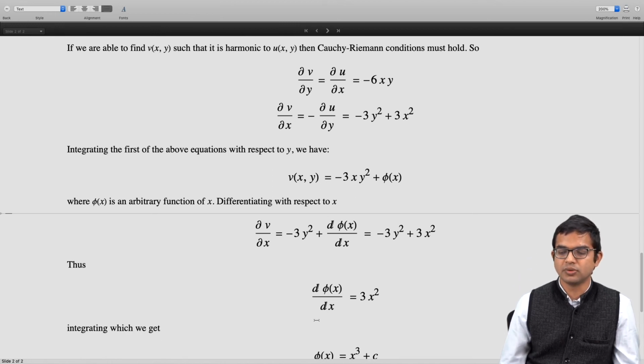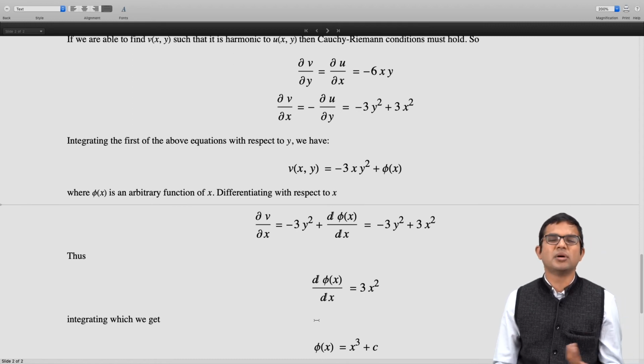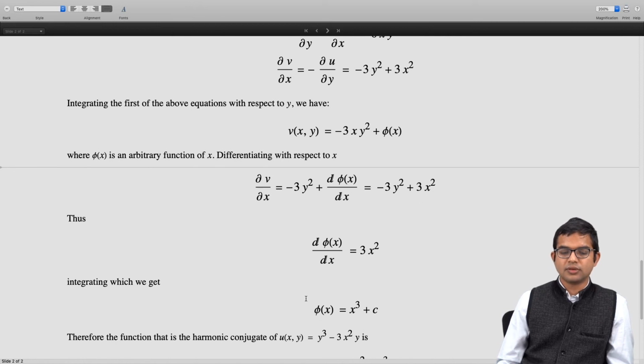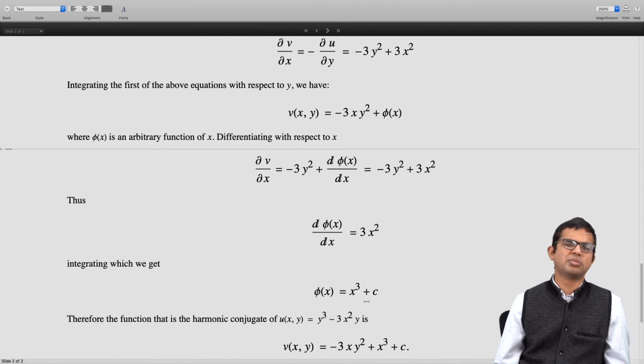We can immediately solve it, and phi of x must be x cubed plus some arbitrary constant. Therefore, the harmonic conjugate of u of x comma y is simply minus 3xy squared plus x cubed plus some constant.